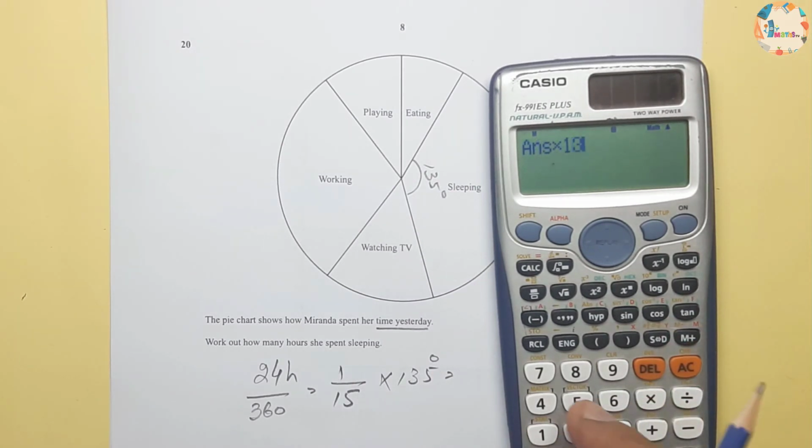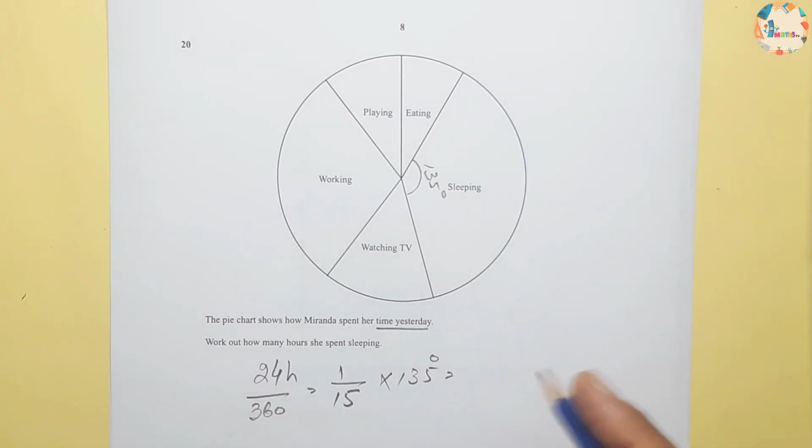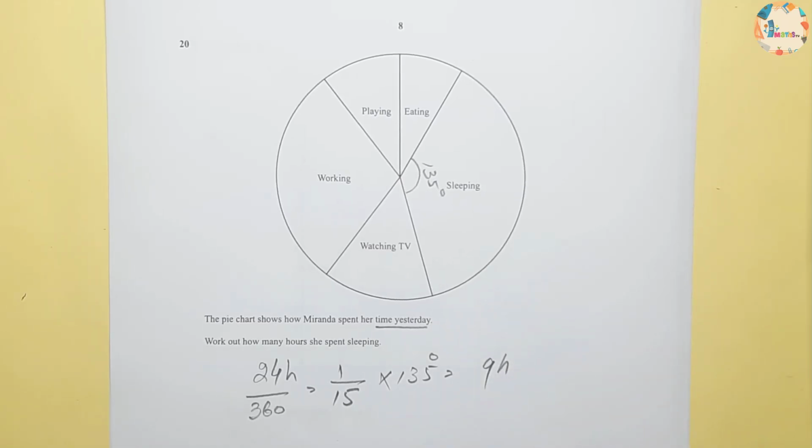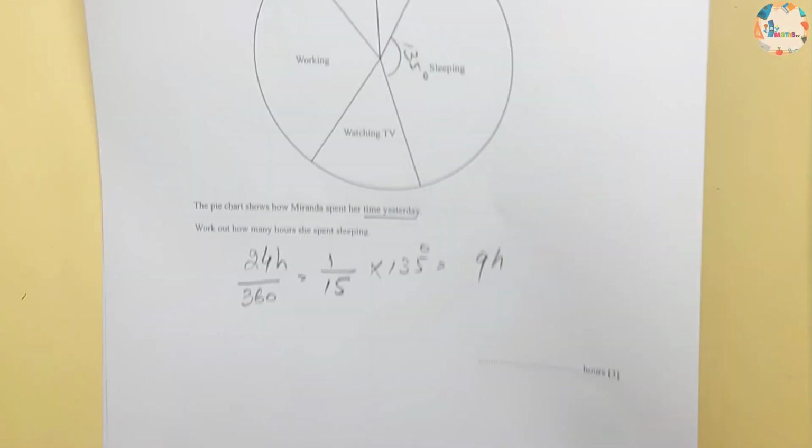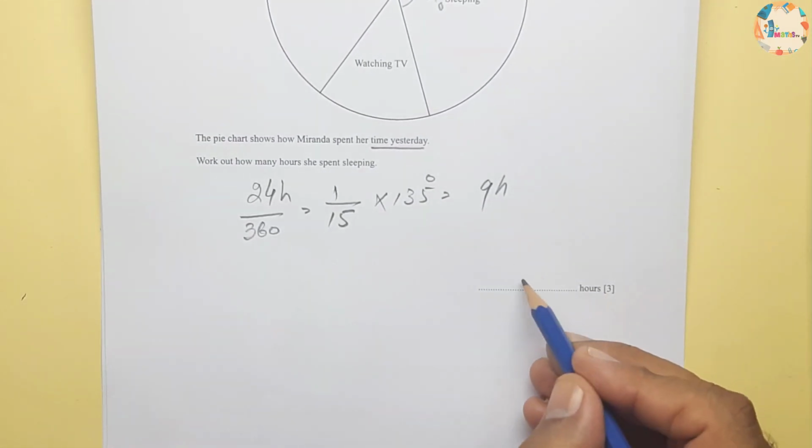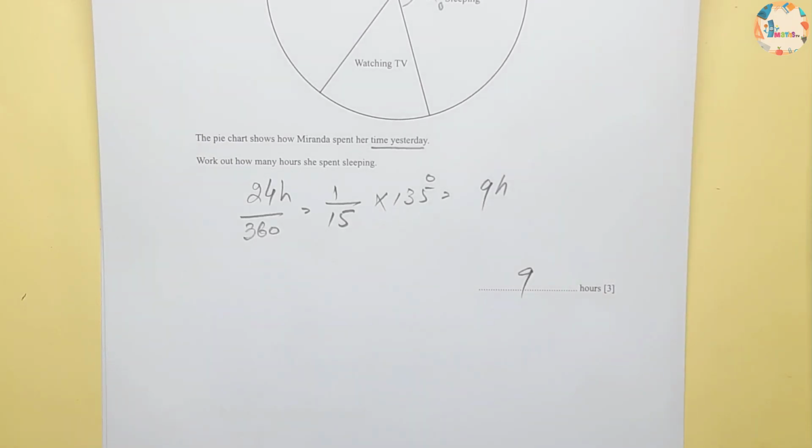Multiplying by 135, this will be equal to 9 hours. So 9 hours is the time spent sleeping. So her time is 9 hours.